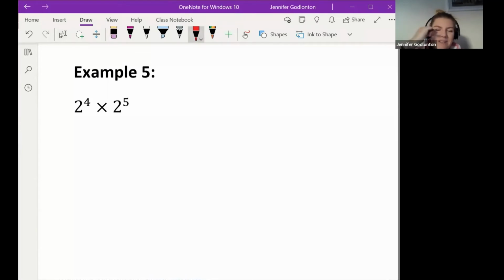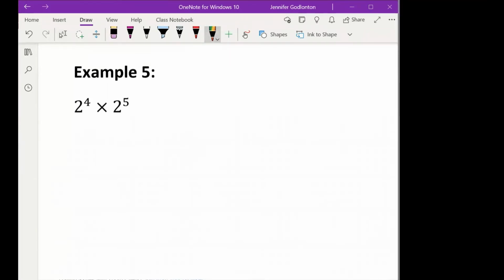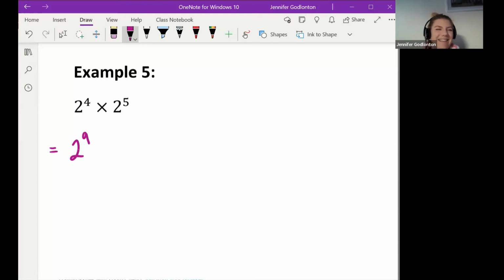Layla, what do you think my answer would be in this question? It is 2 to the power 4 times 2 to the power 5 is 2 to the power 4 plus 5 equals 2 to the power of 9. Yes, excellent. Nice job, Layla.